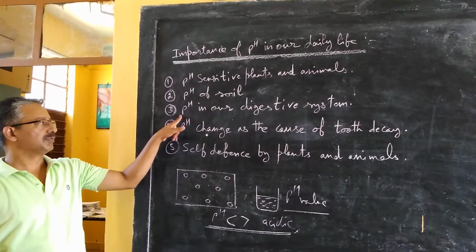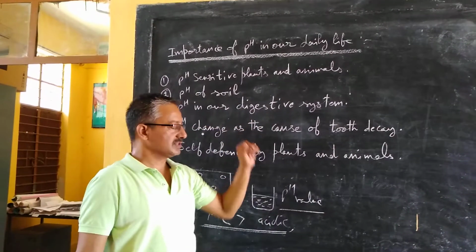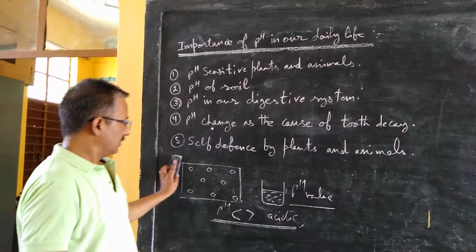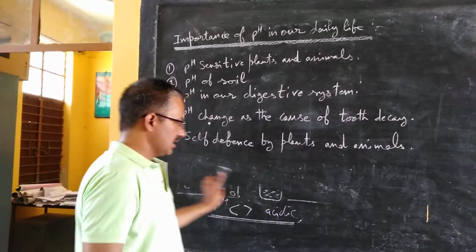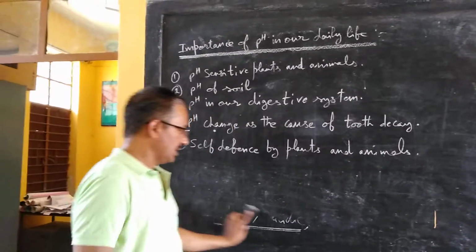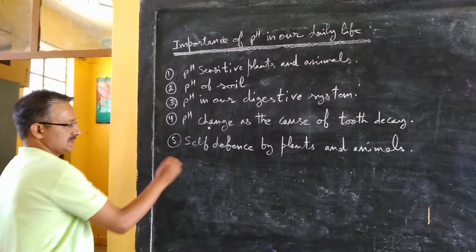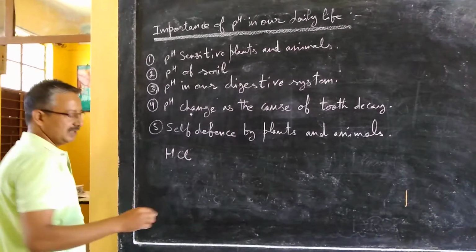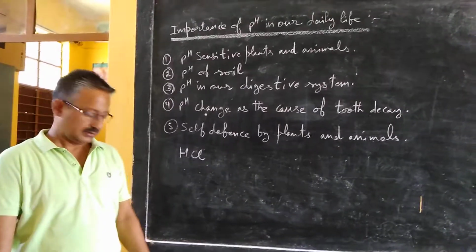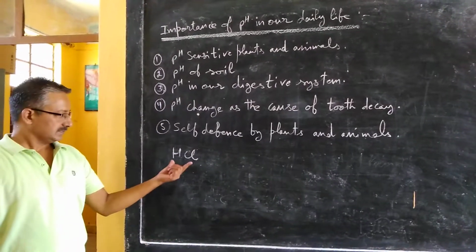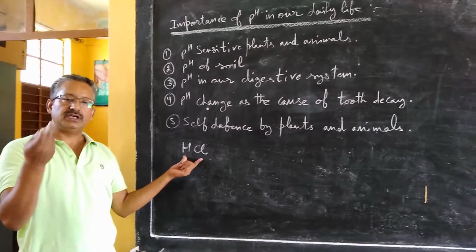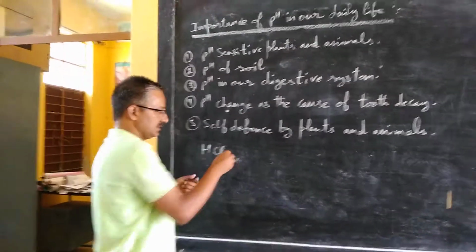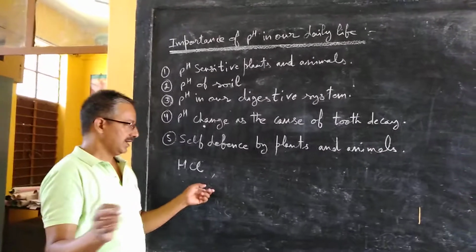Now, see the third point, pH in our digestive system. In our digestive system, our stomach produces hydrochloric acid. Now, hydrochloric acid helps in digestion of food. Now, in case we eat too much or that digestion is not proper, then what happens?